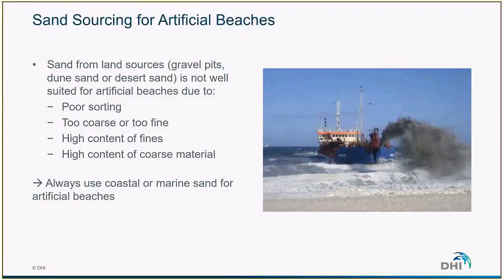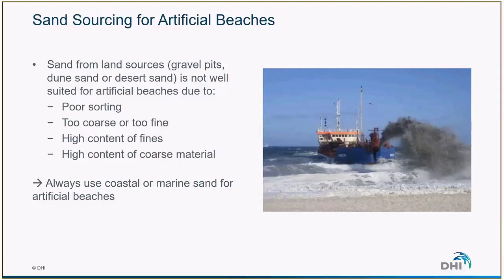The quality of the sand used for artificial beaches is very important. Of course, it's important when we work on it, as we prefer to work with finer sand than with very coarse gravels. But it's also important with regard to the stability of the beach itself. Usually we tend to avoid sand from land sources because the sorting is relatively bad and it's either too coarse or too fine.